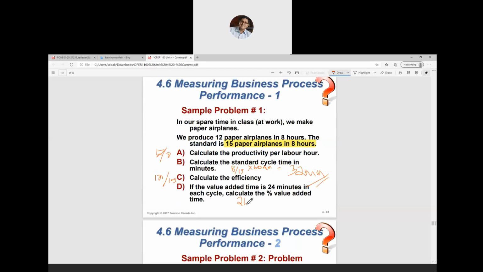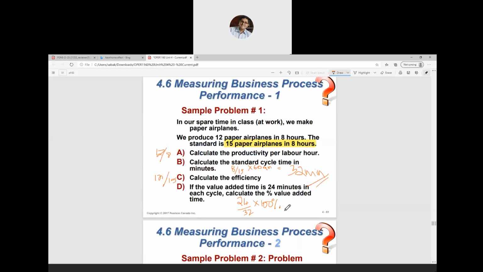Now D is saying that my value added time is only 24 minutes, but my cycle time is 32 minutes. Find the percentage value added time, which will be 24 divided by 32 multiplied by 100 percent.